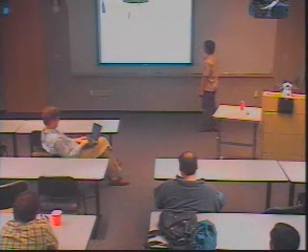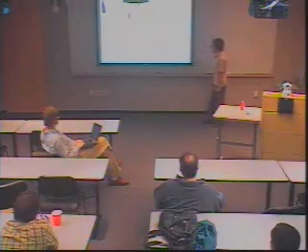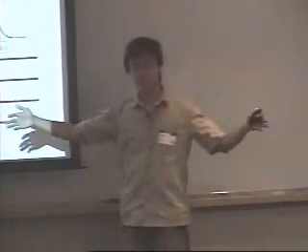So why is this called a stick-breaking construction? The metaphor is as follows. We take a stick of length 1, and the length of the stick represents the mass of our distribution. We break off one piece of the stick and stick it somewhere. That's our first term in this sum.